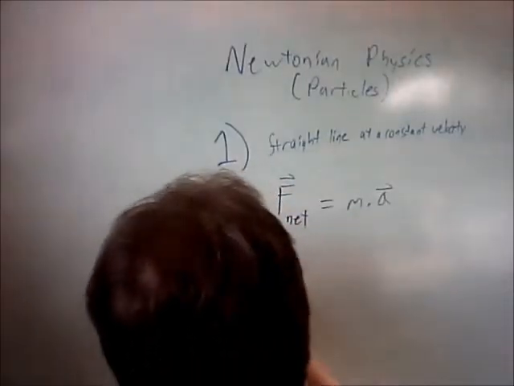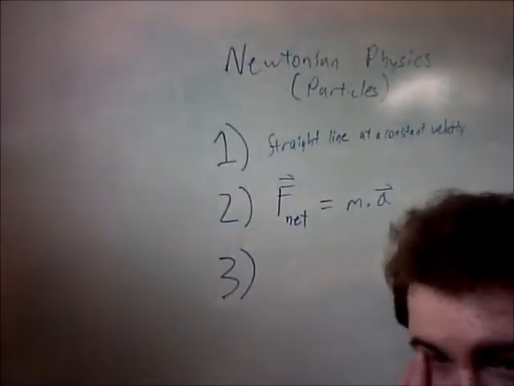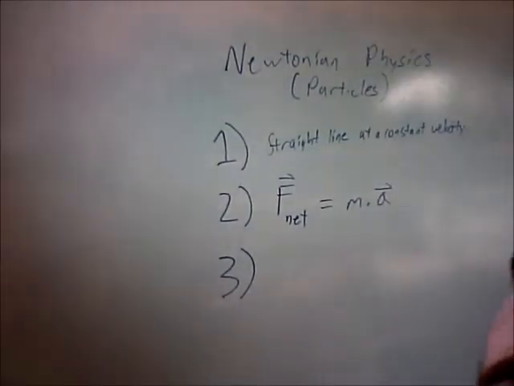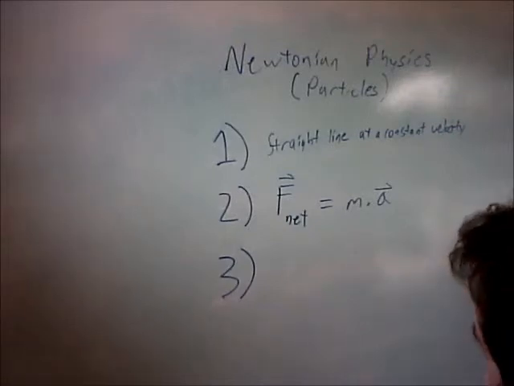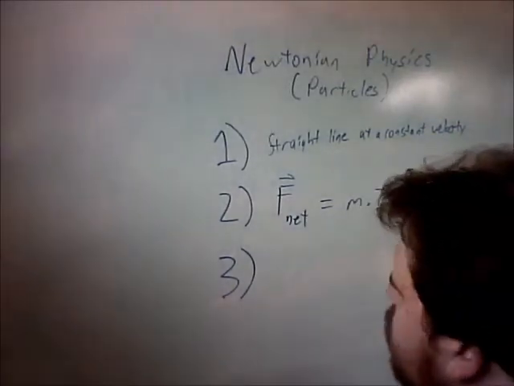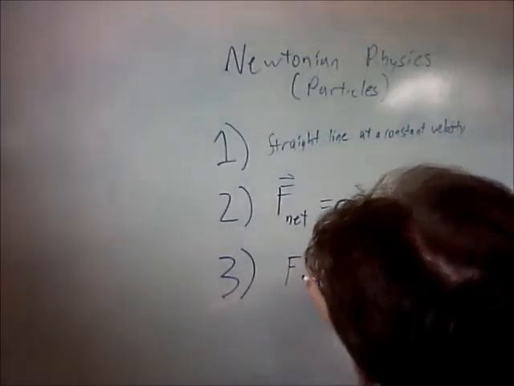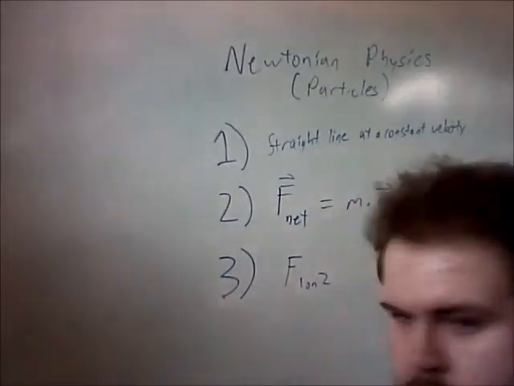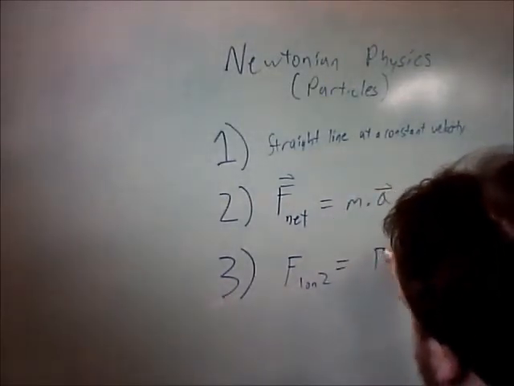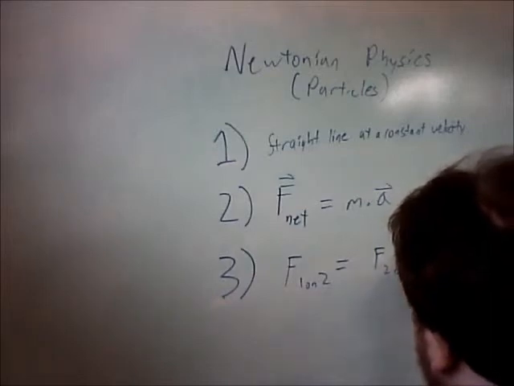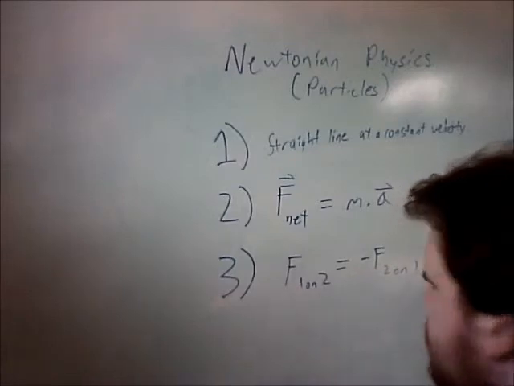Now, Newton's third law, this third law is the one which guarantees that momentum is conserved. It says that if you have two particles, the force of particle 1 on 2 is going to be equal to the force of particle 2 on 1 with a minus sign.